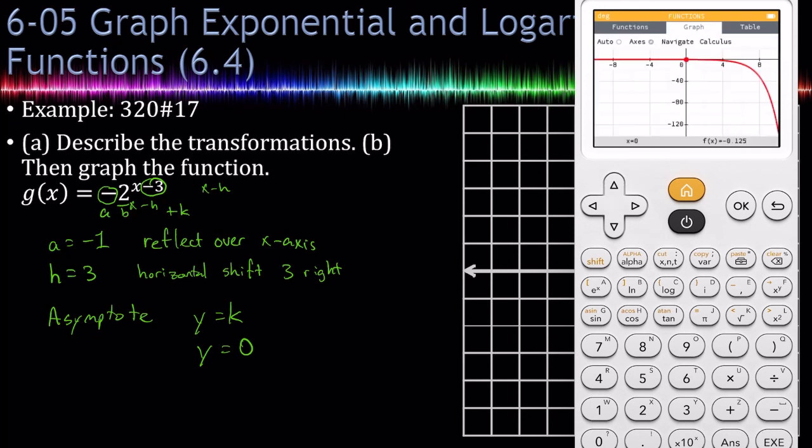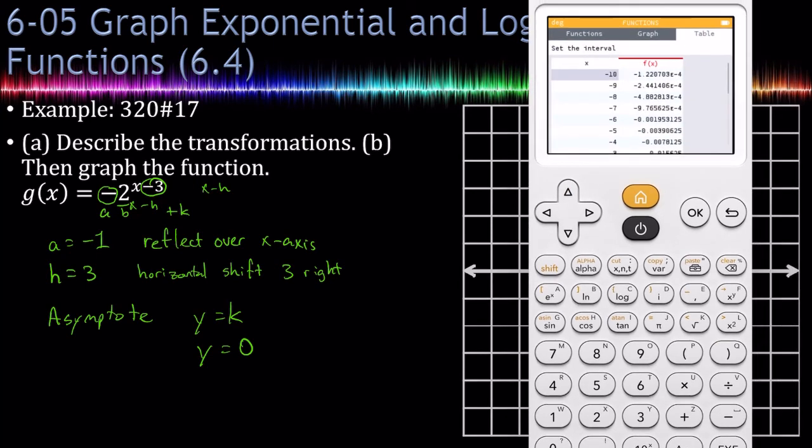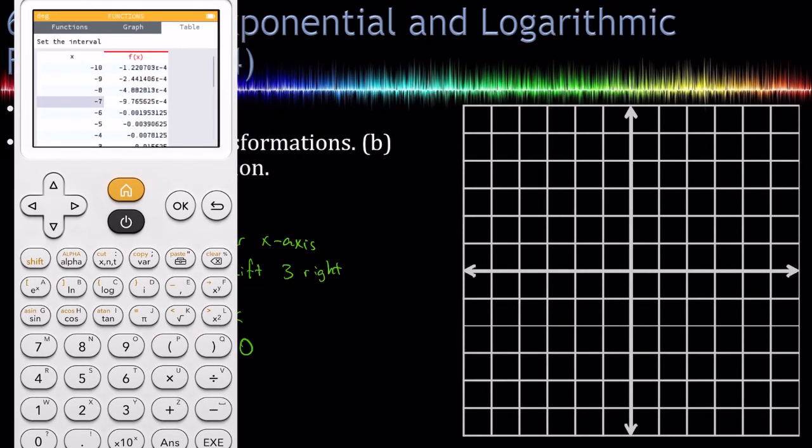All right, and you can see our graph here kind of jumps down, but we're interested in looking at the table. So here's my table. I'm going to start by plotting my asymptote, which was y equals 0. And then when x is negative 6, y is essentially 0. When x is negative 5, y is really close to 0. Same with negative 4 and negative 3.